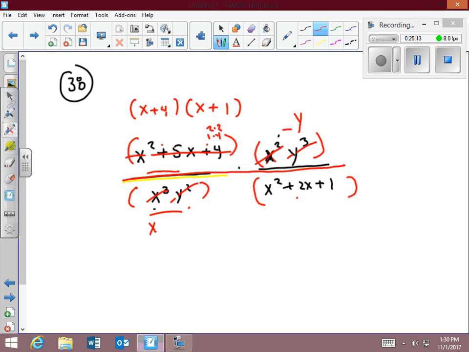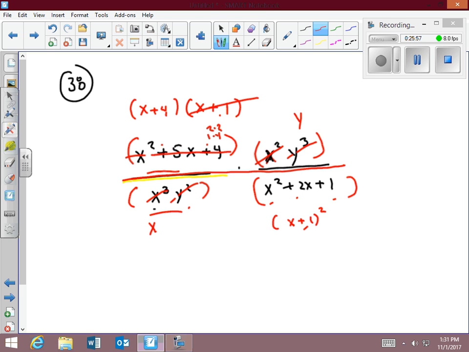Now, how does that thing factor? It's a trinomial, descending order, leading term positive. Is it a special case? Well, this is a squared term, x. The 1 is a squared term, it's 1. Is the middle term 2 times x times 1? Yes. So this is a special case: x plus 1, the quantity squared. Now, you see, I have this x plus 1 in the numerator, and that x plus 1 squared in the denominator.